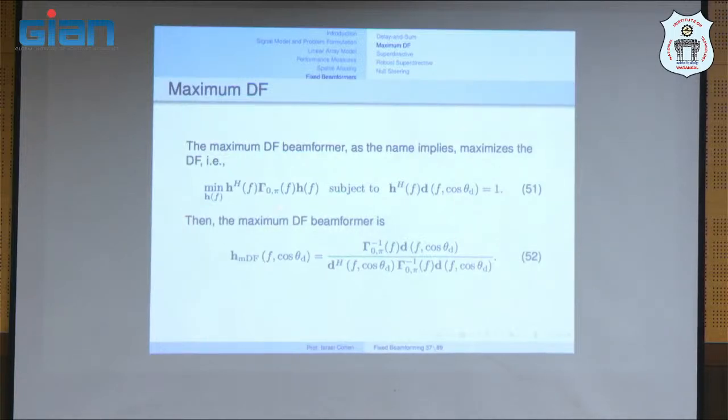So we need to minimize the denominator in the array gain, when the correlation matrix of the noise is this matrix that corresponds to diffuse noise. And of course, we have the distortionless response constraint for the direction theta d. So we can find the solution. It's very easy to show, just like we showed the MVDR and so on. So this is the solution.